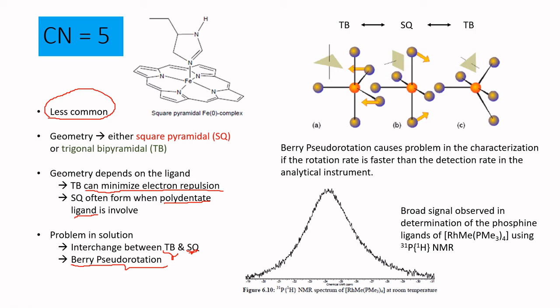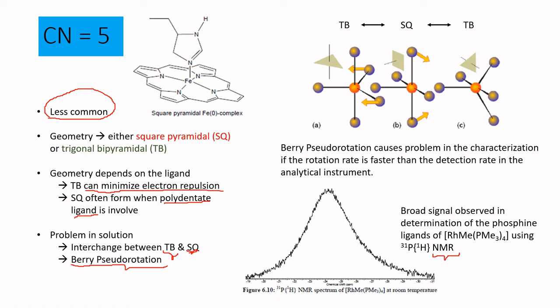If we were to detect this ligand using NMR, or nuclear magnetic resonance instrument, which you will learn in the second year, what you are going to get is a broad signal like this.